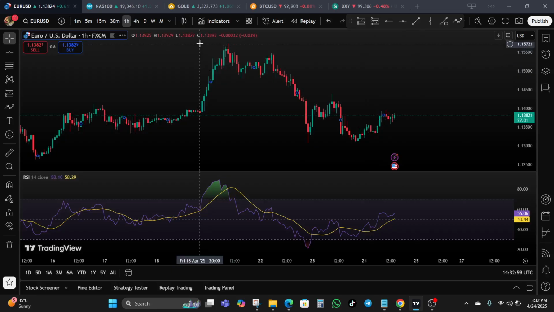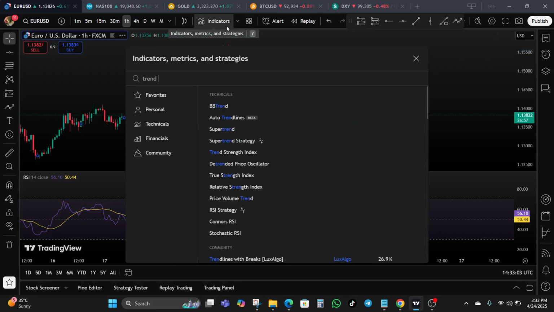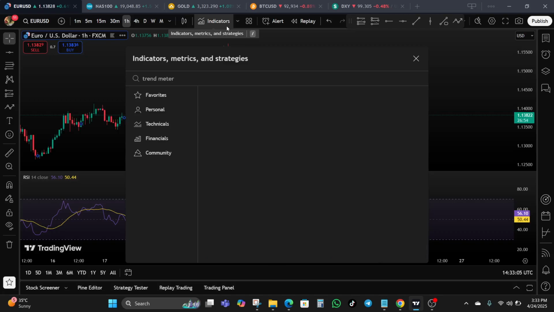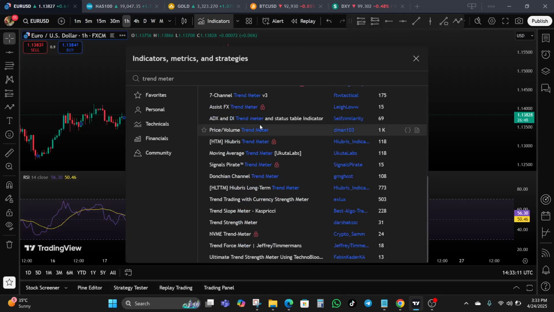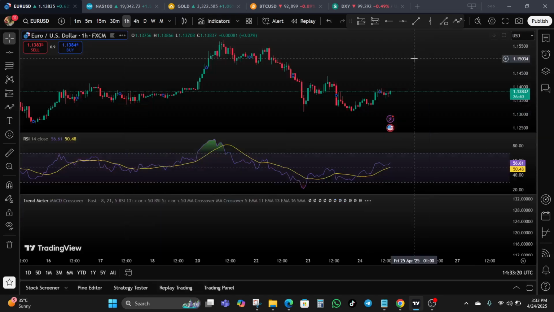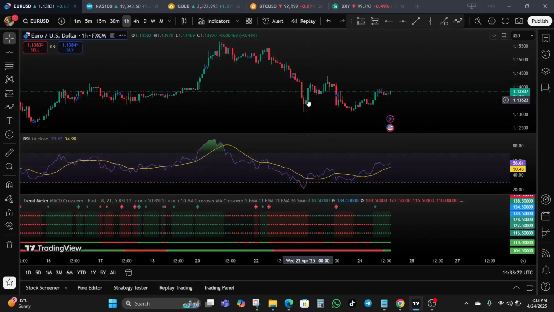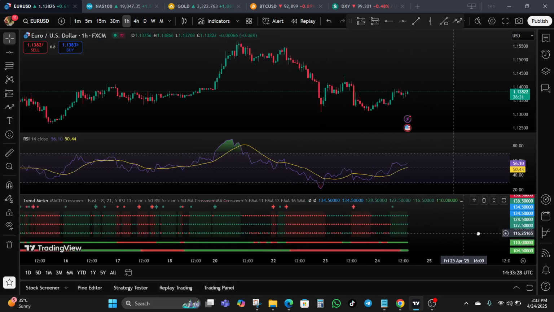Now the next indicator we are going to be looking at is the trend meter. This gives you a clean visual of trend strength and potential pullback opportunities.